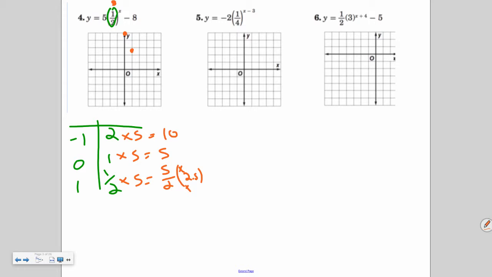And then all I do is I move it down 8, which means my asymptote is down 8, so that's down here at -8. And this is going to be 1, 2, 3, 4, 5, 6, 7, 8.